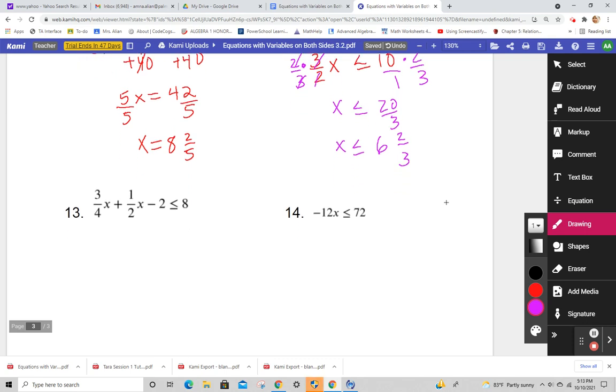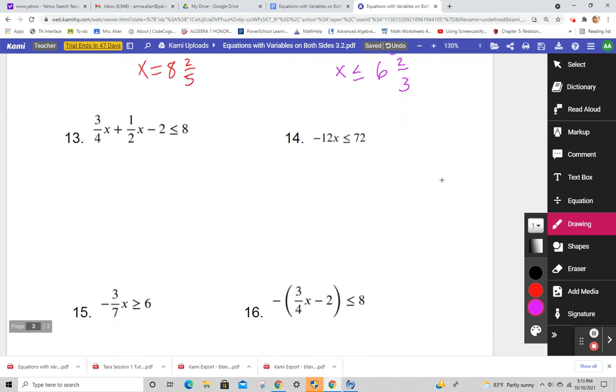All right, let's keep going. Here we can use the least common multiple to get rid of the fractions because there's more than one fraction. And if you said the least common multiple is 4, you are correct. We're going to multiply every term by 4. 4 times 3 is 12, divided by 4, so that's going to give us 3x. 1 times 4 is 4, divided by 2, that's 2x.